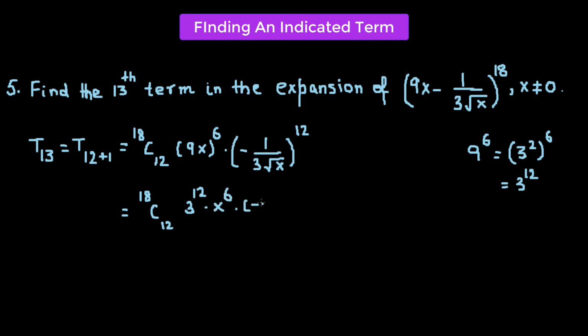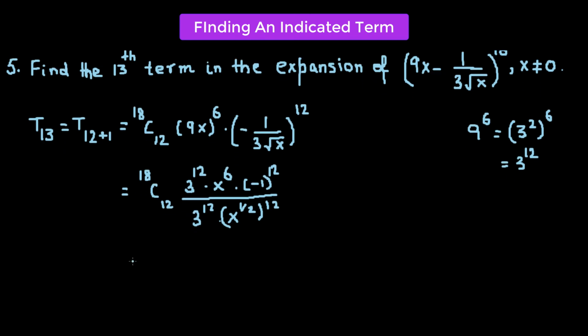And we have negative 1 raised to the power of 12. Whole thing divided by 3 raised to the power of 12 times the square root of x, which can be written as x raised to the power of half, and the whole thing is raised to the power of 12, which gives us 18c12. So the 3 raised to the power of 12 in the numerator and the denominator factors out.